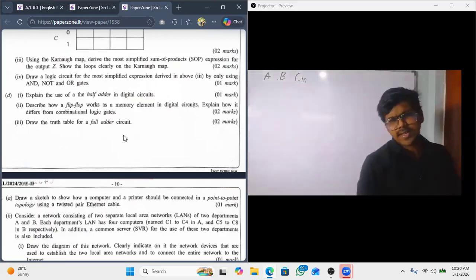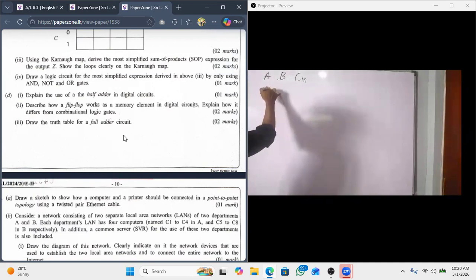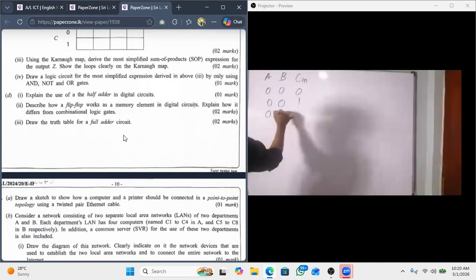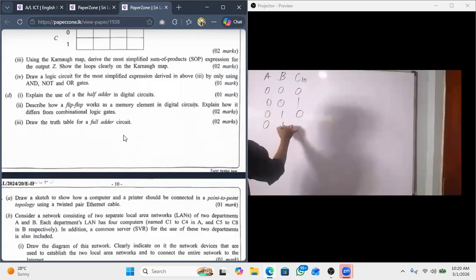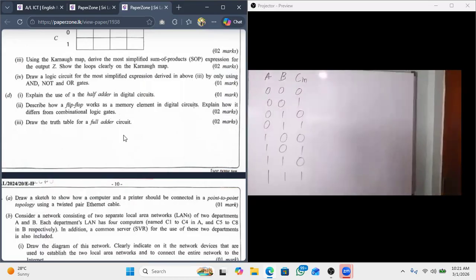Those are the 3 wires. And here, I will write my inputs as usual: 000, 001, 010, 011, 100, 101, 110, 111. Those are my inputs.